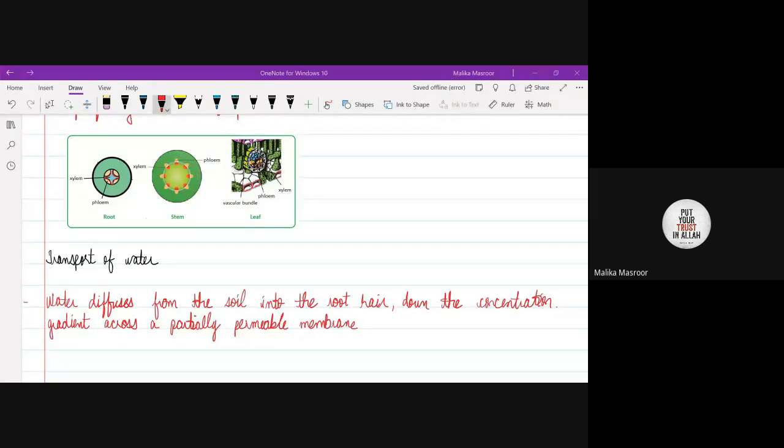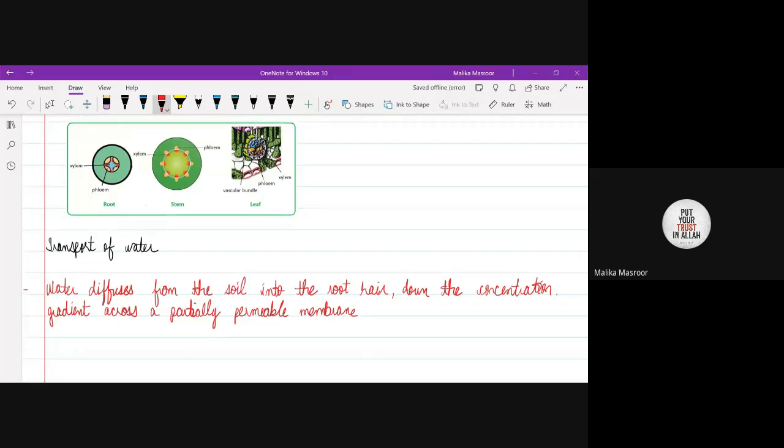So these long, thin root hairs have a large surface area, which increases the uptake of water and mineral ions.